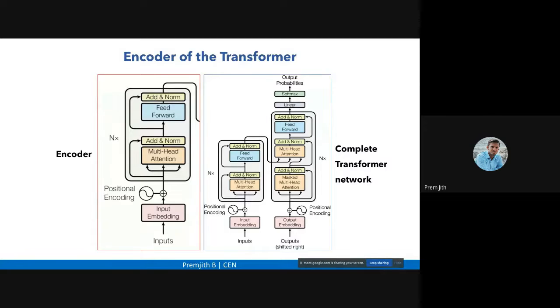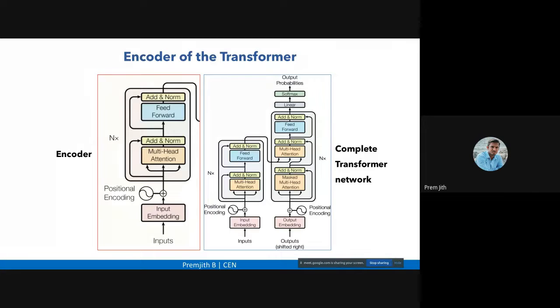There are a lot of terms you have to consider, but 1.5 hours is not sufficient to discuss each and every concept in the transformer network, because when we take classes for transformer networks, it takes 2-3 days to complete the explanation. There are a lot of concepts related to that. Here you can see input embeddings, positional encoding, multi-head attention, add and normalization, feed forward network.